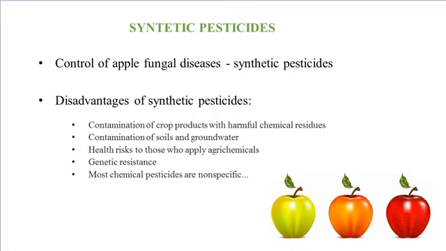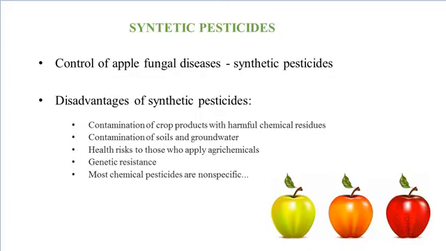However, the intensive use of chemical agents in modern agriculture, including those used to control phytopathogenic fungi, has led to several problems related to environmental pollution and the emergence of resistant strains. These are the most important disadvantages of synthetic pesticides: contamination of crop products with harmful chemical residues, contamination of soil and groundwater, health risk to those who apply agrochemicals, also genetic resistance, and most chemical pesticides are non-specific.